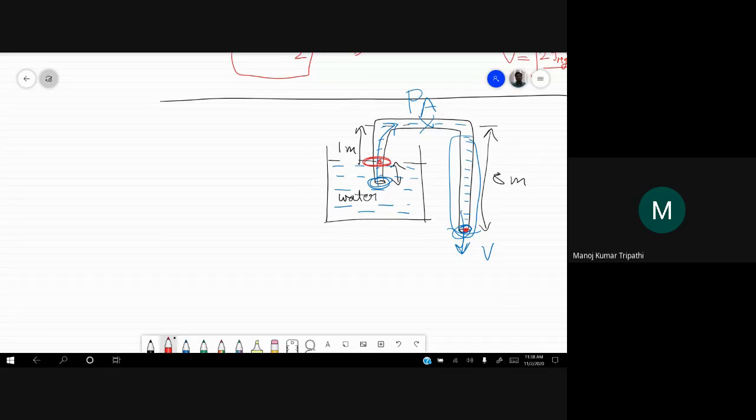Then to get pressure, you have to apply it between the first point and point A. And because of continuity equation, velocity will remain the same in the entire tube. So velocity at the exit will be the velocity at point A as well. So 11.7 is the correct answer.